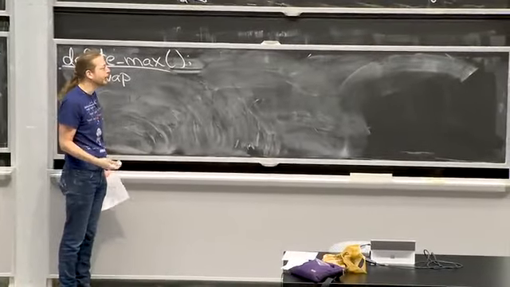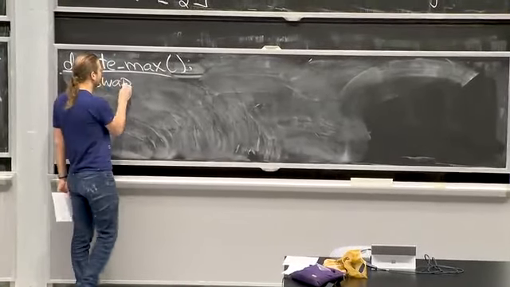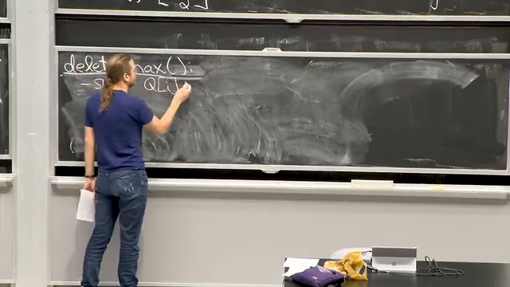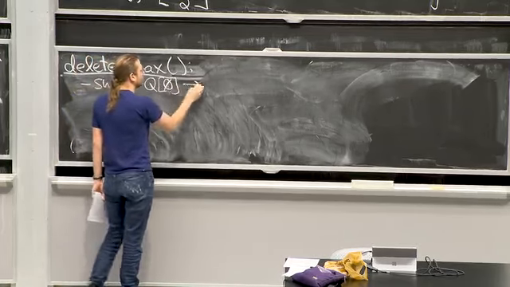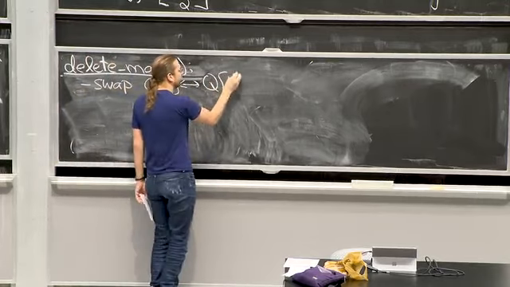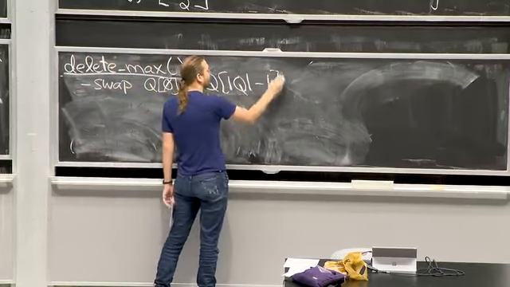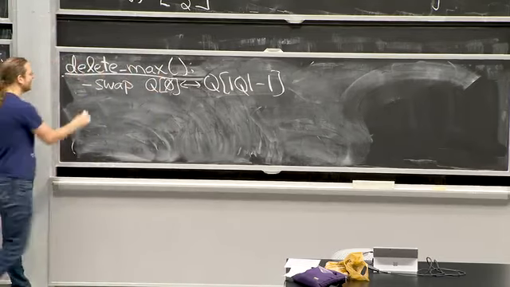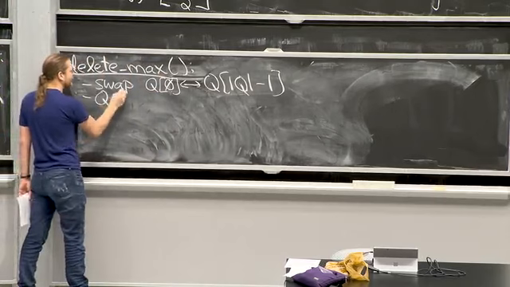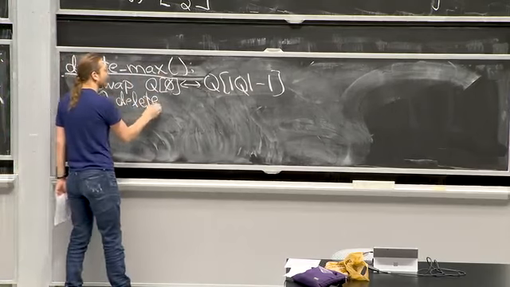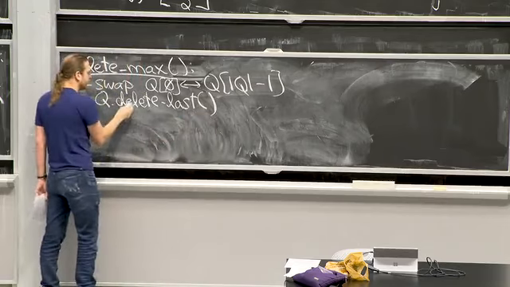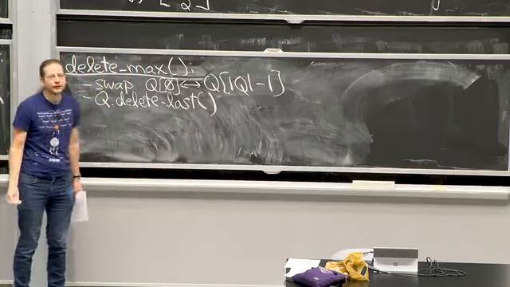We're only going to do swaps, which is something we had to do with binary trees also. Swap Q of 0 with Q of the last item. Great, done. Now the last item is the one we want to delete, so we do delete last, or pop in Python. And boom, we've now deleted the maximum item.